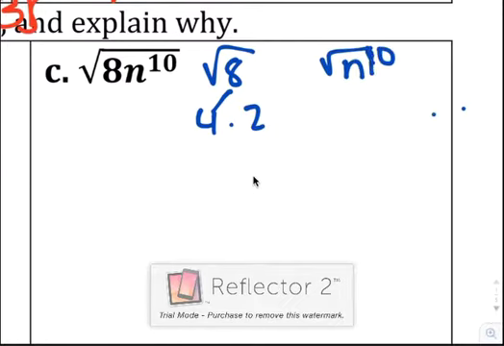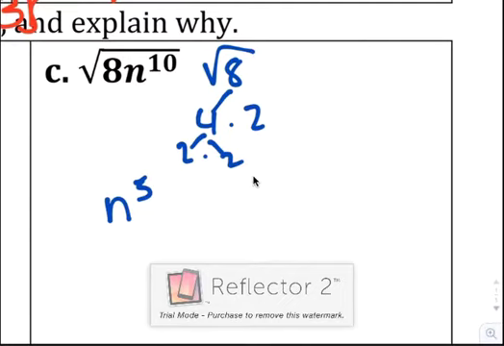Square root of 8 is 2 times 2 times 2. You want one pair, so the square root of 8 is 2 square root of 2.